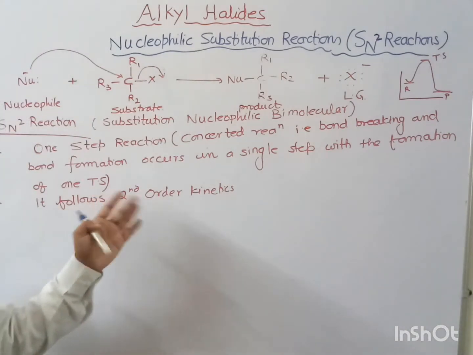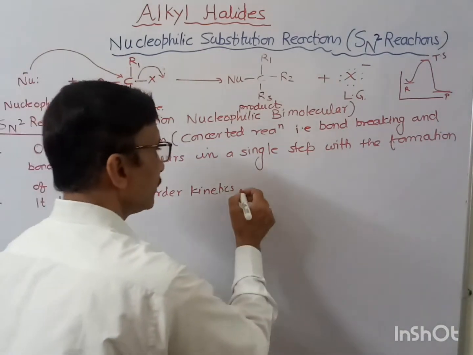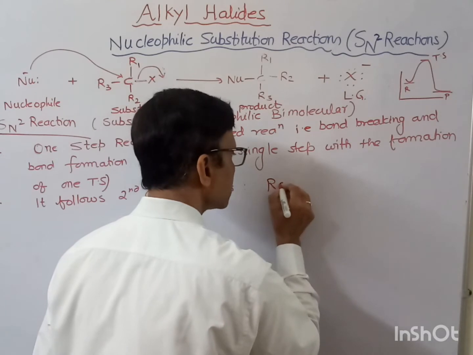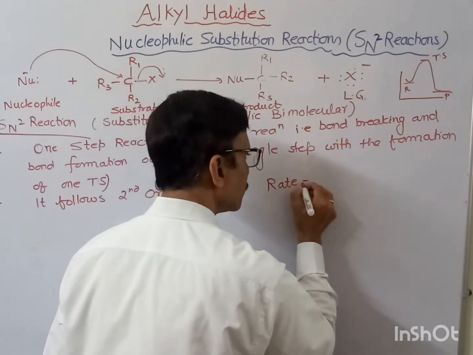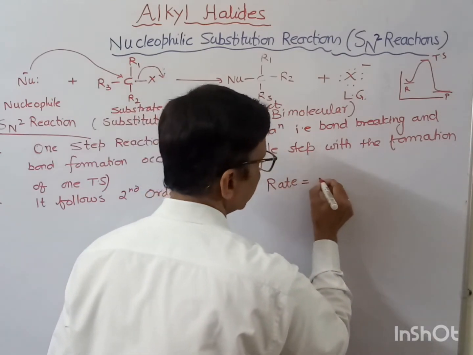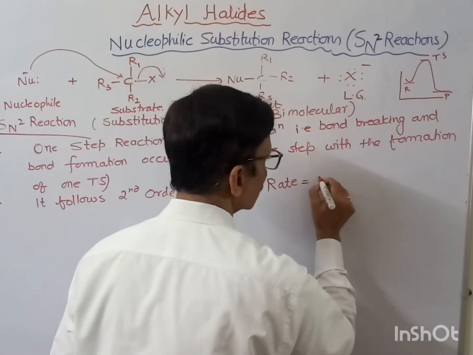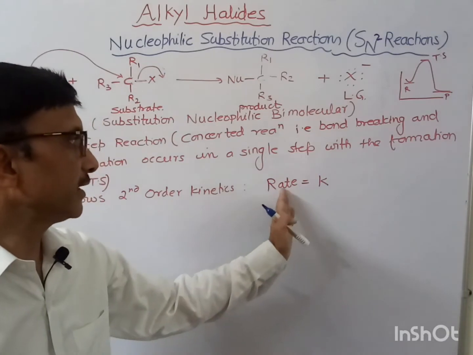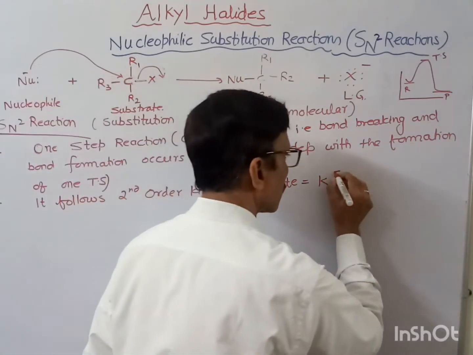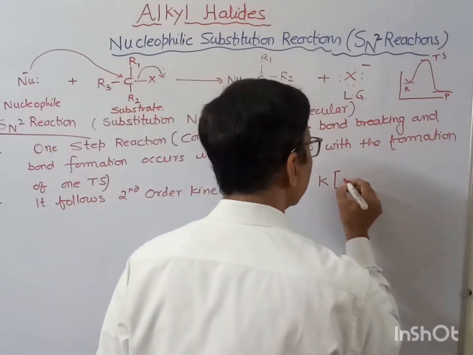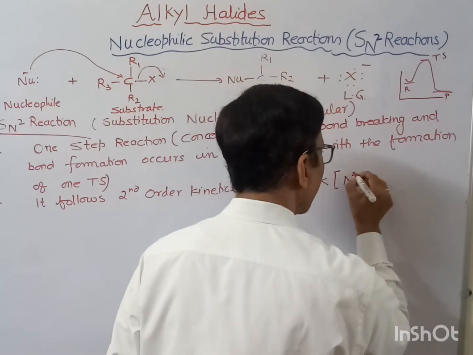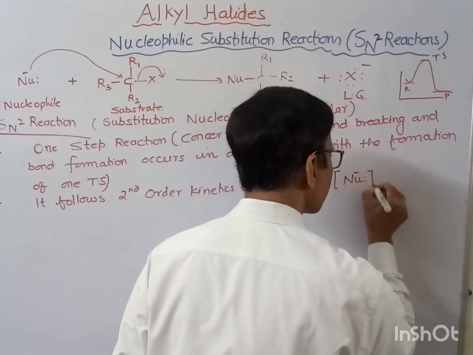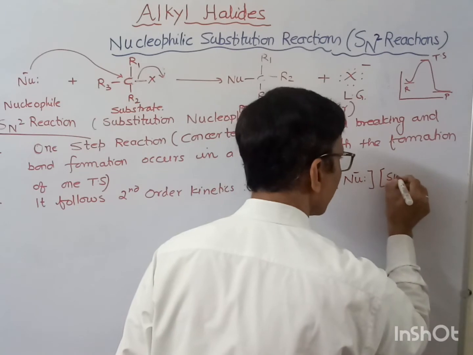So it follows second order kinetics, and then the rate depends upon the concentration of two reactant molecules. The rate is equal to k times the concentration of nucleophile as well as the concentration of substrate molecule.